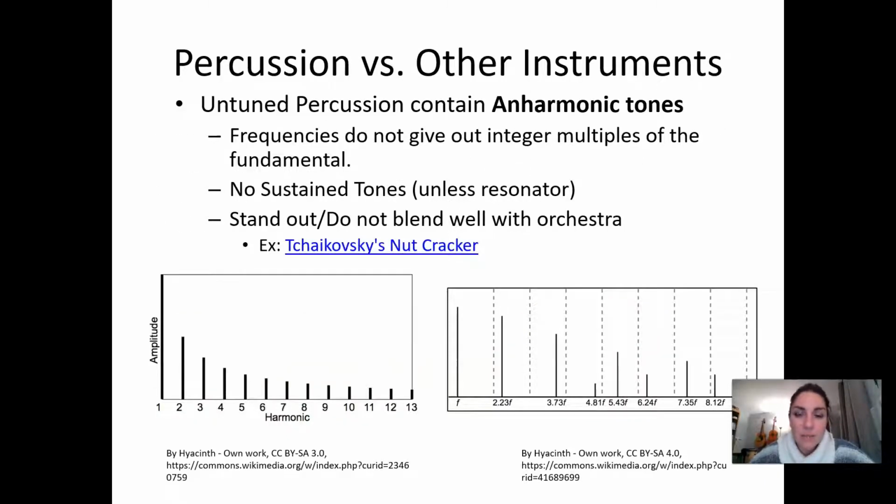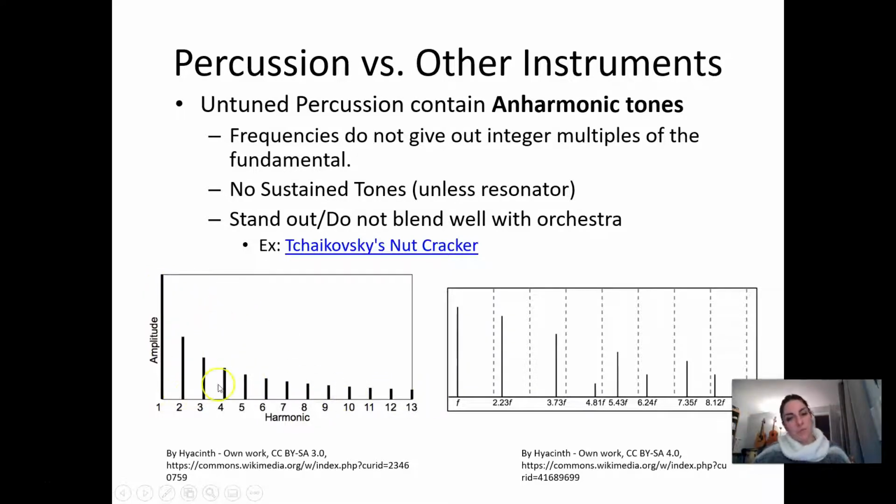So coming back to this concept, untuned percussion. Again, this is referring to the snare drum, the cymbal, the maraca, etc. These are anharmonic, which means they just don't have that nice tonality of instruments like the piano, of having harmonics that are present. For example, on the left side, we have a harmonic instrument.